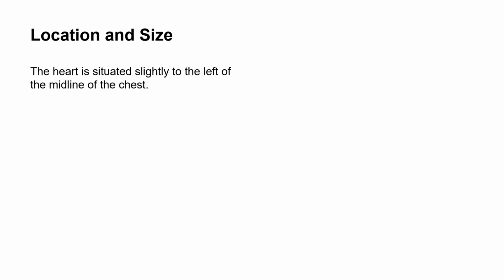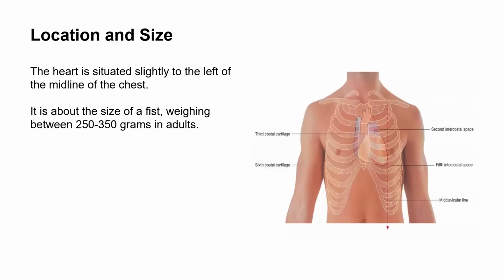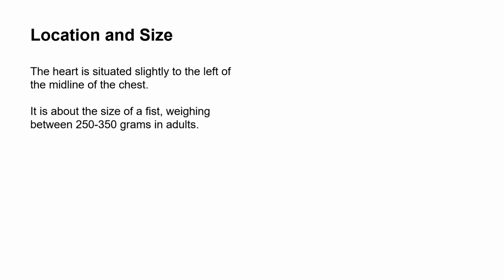That is where the heart is located. And very importantly, it is about the size of a fist, weighing between 250 to 350 grams in adults. So the size of the heart is usually measured to be around 250 to 330 grams in adults.